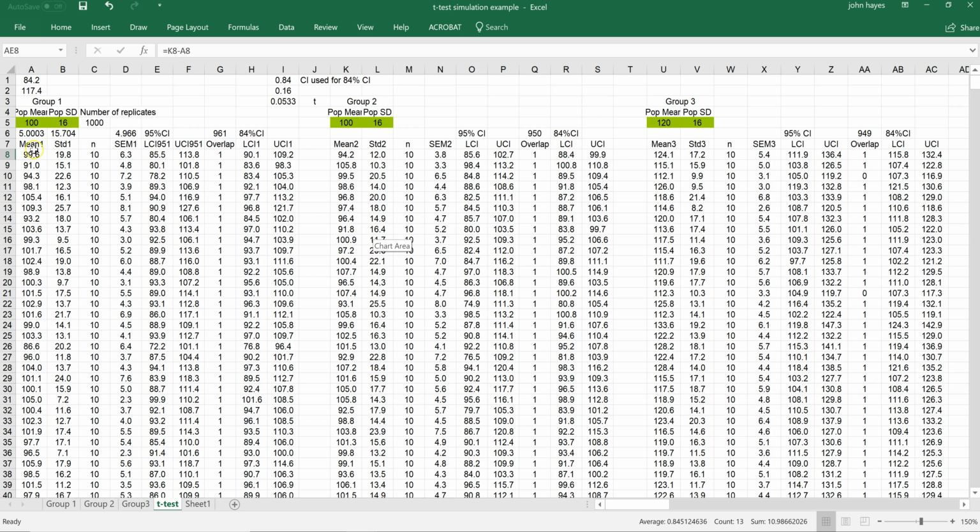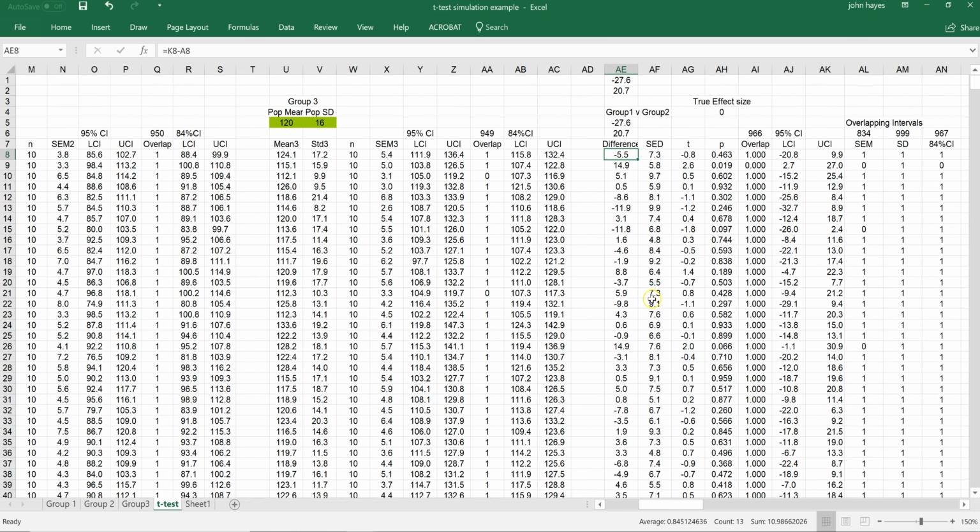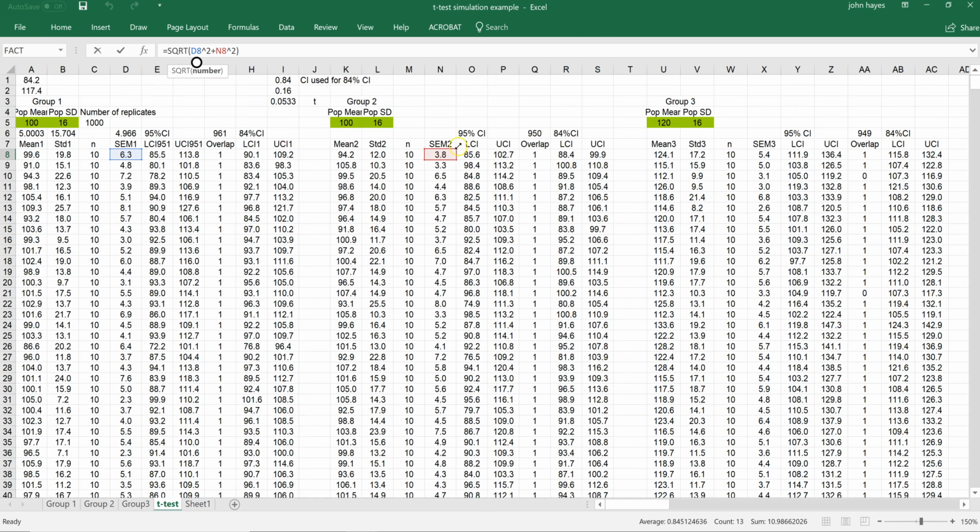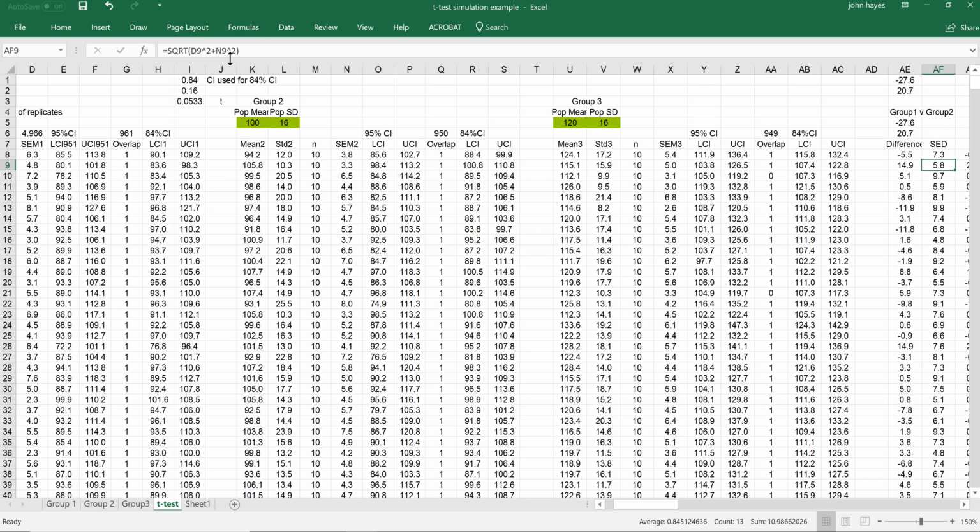So if we take 99.6 minus 94.2, we get the difference of minus 5.5. Then this is the computed standard error. It's the square root of the two standard errors added to each other. So it's this one plus this one, each of them squared, and then the square root of that.